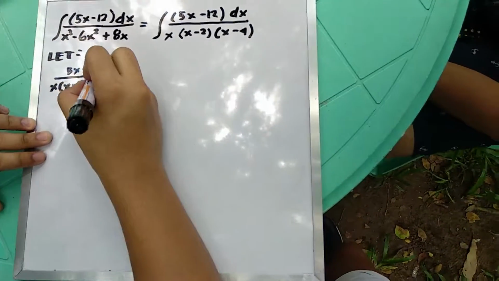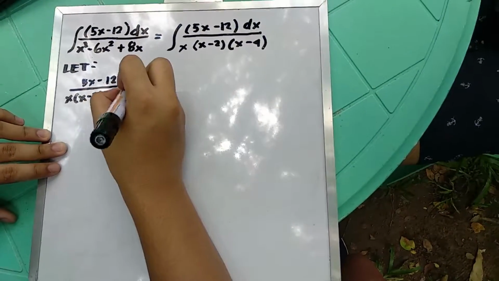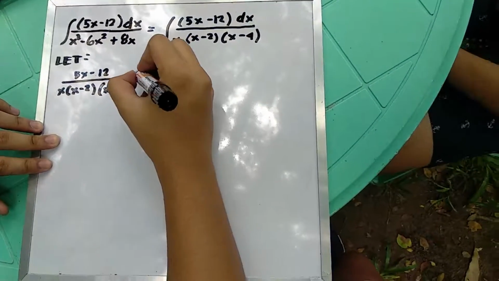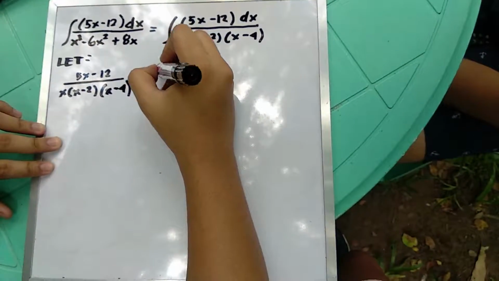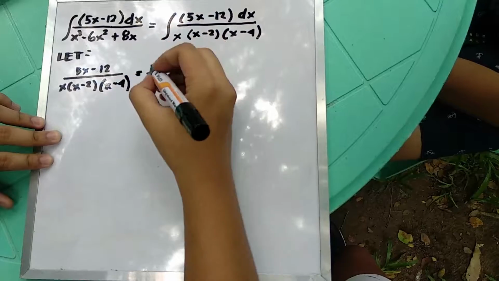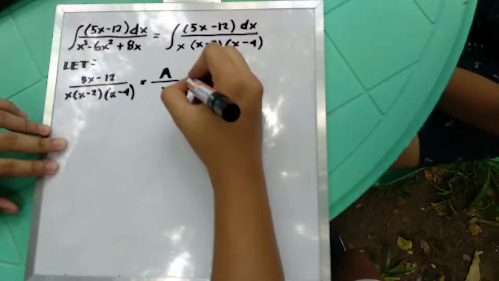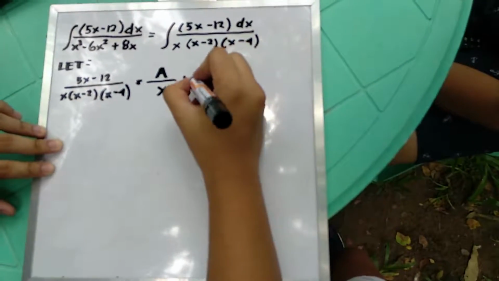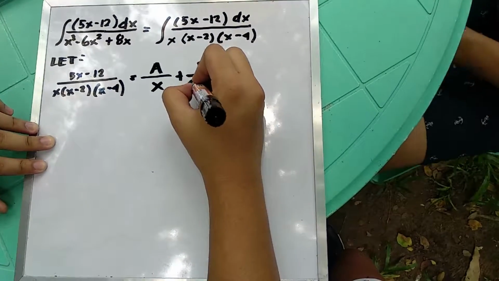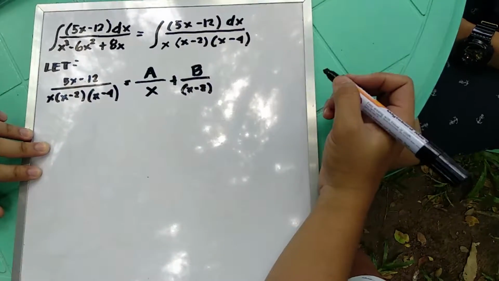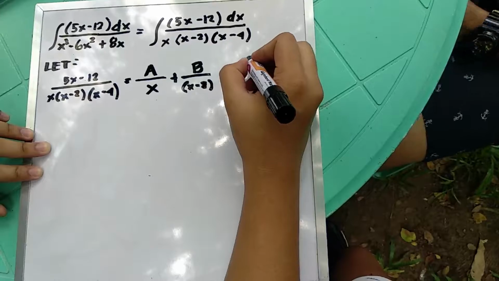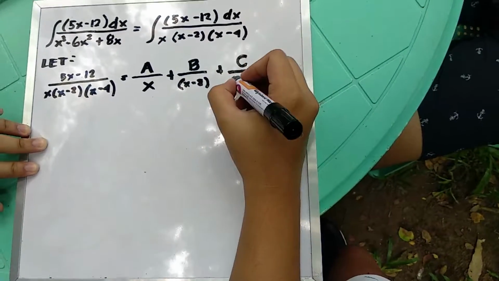It will then become 5x minus 12 over x times x minus 2 times x minus 4 equals a over x plus b over x minus 2 plus c over x minus 4.